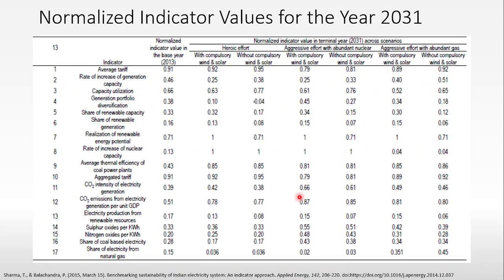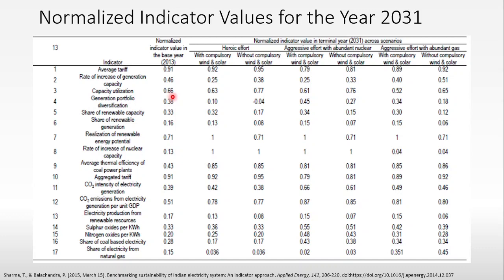So these are the values for the year 2031. You see here the capacity utilization factor. In 2013 it was only 66%. Capacity utilization factor you've already seen: what is the utilization over the whole year.